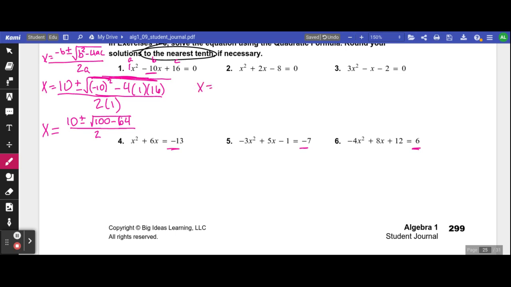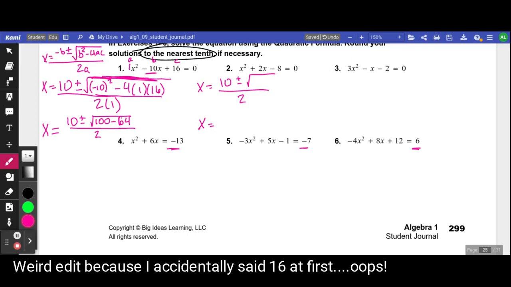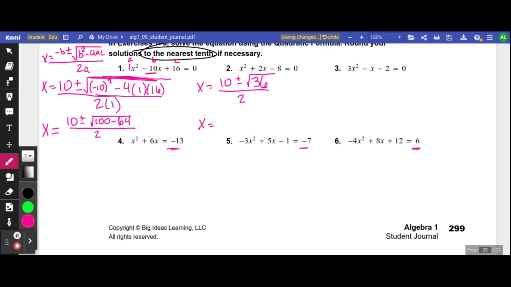Right, looks like it's giving us nice numbers on this one. Awesome. All right, I have 10 plus or minus the square root of 36 over 2. 10 plus or minus the square root of 36 gets me 6 over 2. Here is where I'm going to split this into positive and negative.